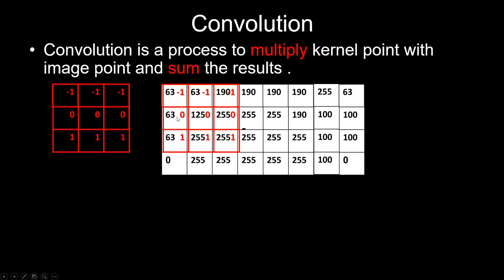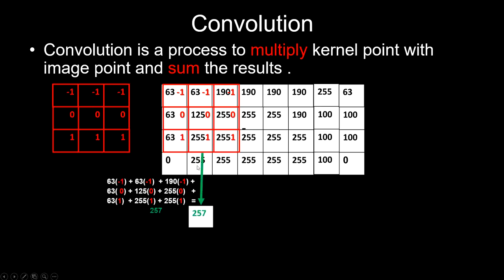For the second row, everything will be 0, and then the third row 63 plus 255 plus 255. So you just need to multiply every part with its corresponding kernel value, then sum up everything. For the first part, we have the value of 257, which is the result of the convolutional process.